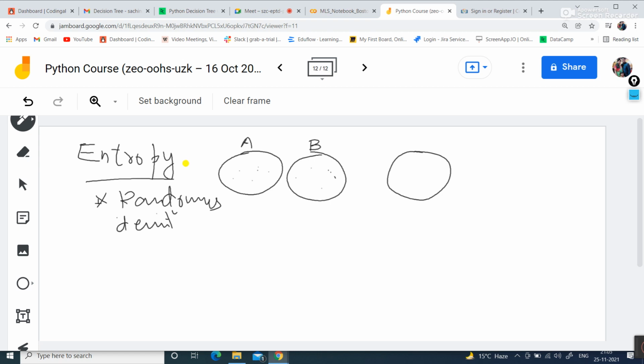Now what does that mean? Suppose in the first case I am having 3a in the first partition and 4b. So I can go towards any conclusion, meaning which part will be there.